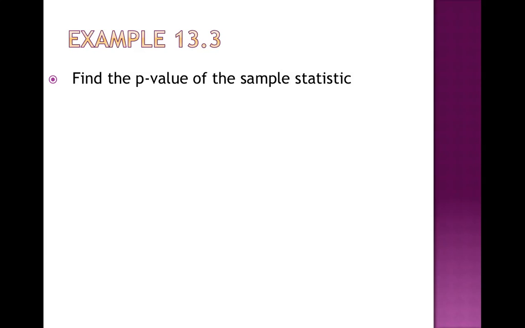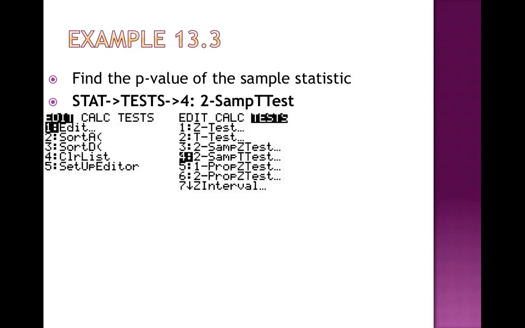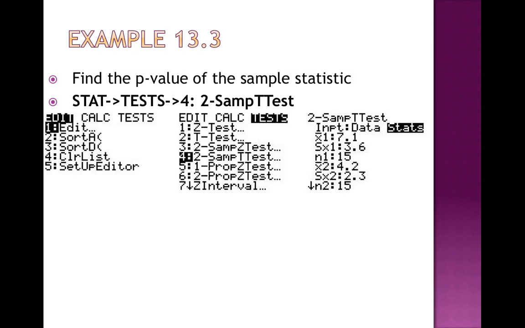So going to the calculator, we'll find the p-value of the sample statistic. We're going to go to the calculator's two-sample t-test again. Make sure you highlight stats at the top. And for x bar 1, you're going to put the treatment group mean, 7.1. The treatment group standard deviation is 3.6. And the treatment group size, 15. Remember that initial 30 got divided into two groups.